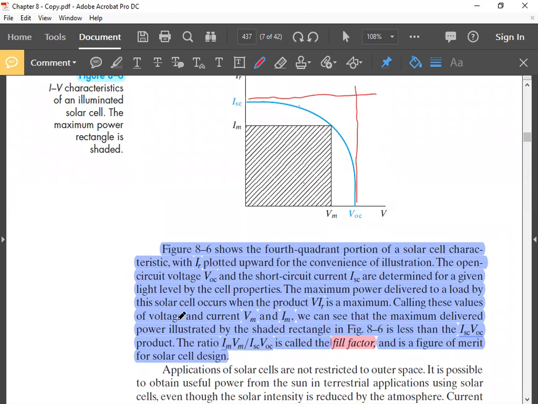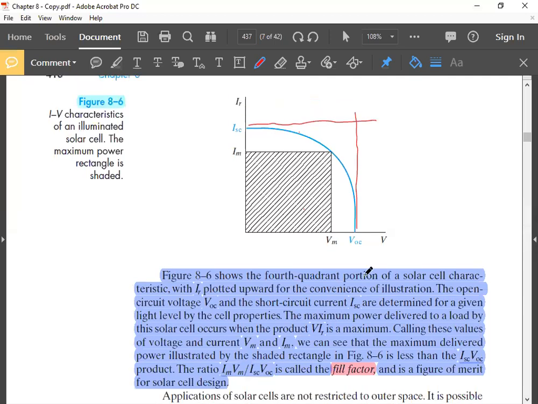Calling these values of voltage and current Vm and Im, we can see that the maximum delivered power, illustrated by the shaded rectangle in figure 8.6, is less than VOC into ISC. VOC ISC is actually the area under this larger rectangle. So this power is never obtainable from a solar cell.